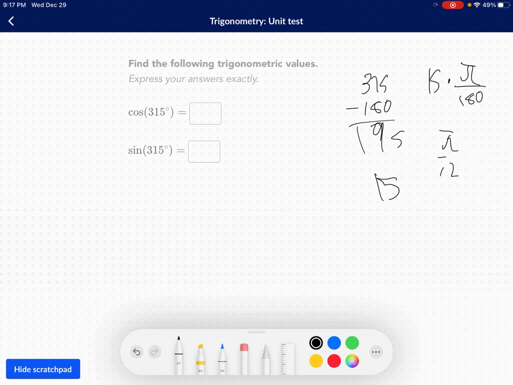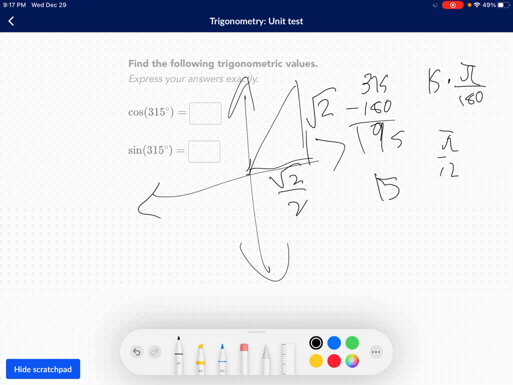That's pi over 12. Wait, does 45 go evenly in that? Yeah, 45 goes evenly in that. So I'll just use 45.